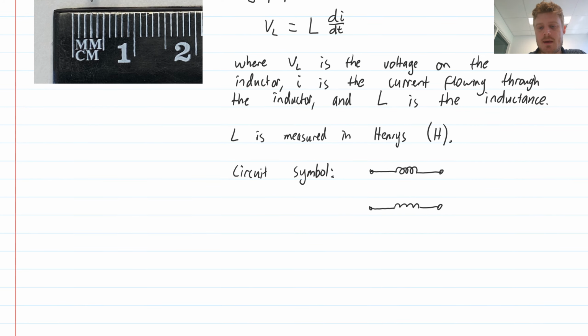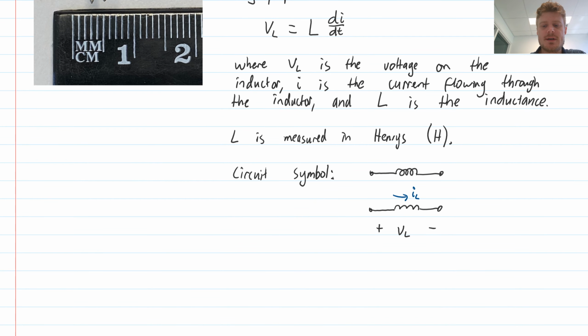Let's study this equation and think about the implications for a moment. One thing we can recognize is there will only be a voltage if the current is changing. There is only a voltage on an inductor when the current is changing.